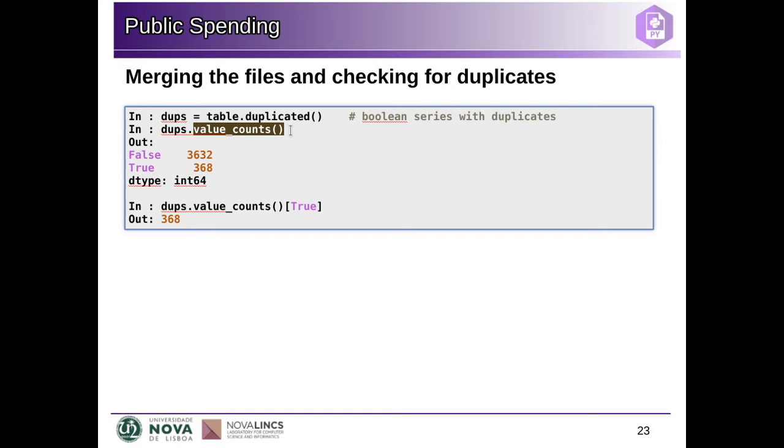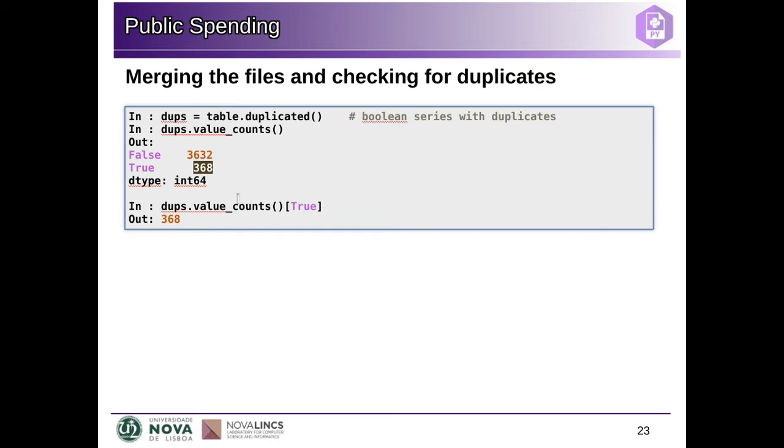Since this series with the duplicated indicators only has true and false values, value counts will give us a small series with only false and true, telling us that there are 3,632 rows in our table which were not duplicated. So these are the number of falses, and then there are 368 which were duplicated.